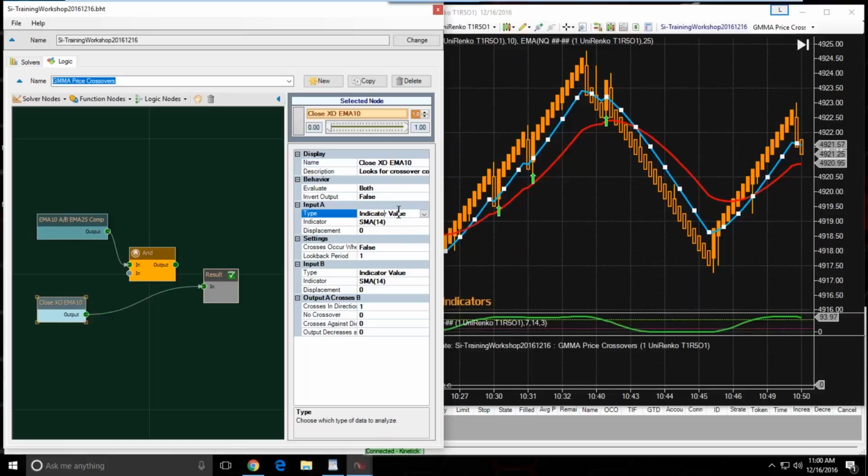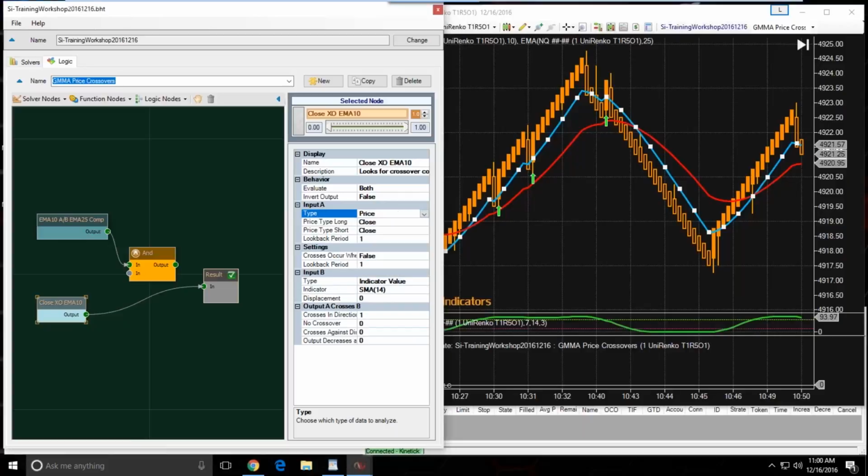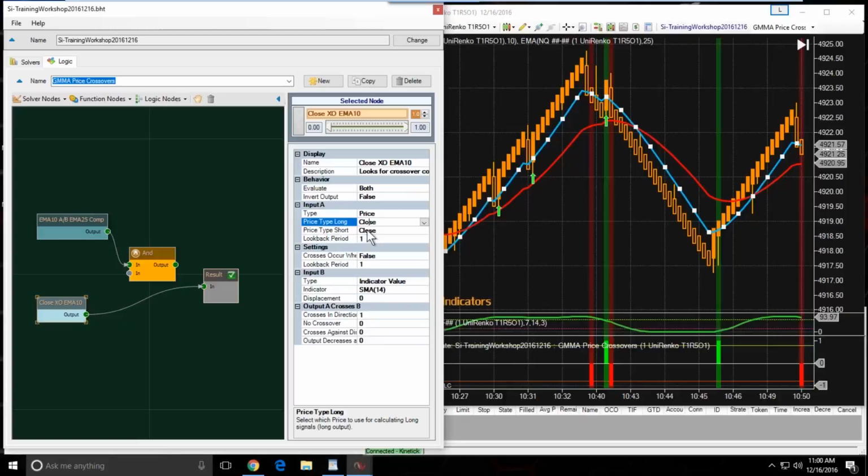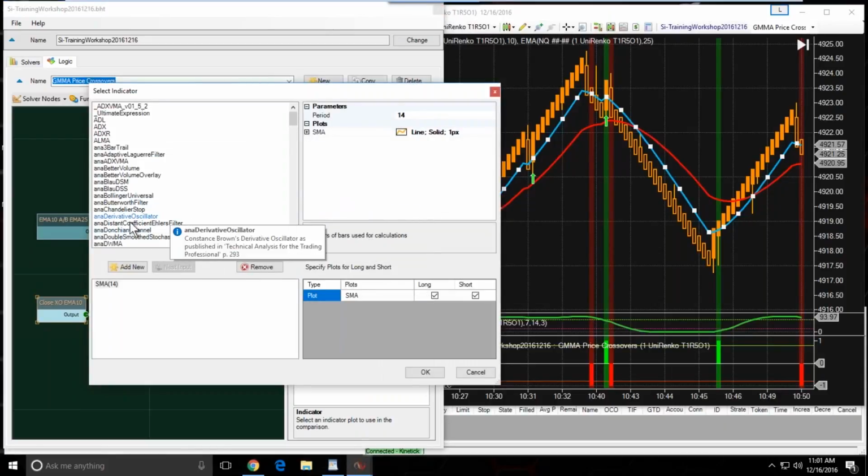Let's finish setting up the solver here. Our first input is going to be price. For input A, we're going to set that to price, and we're using the closing price of the bar. That's already done for us. The next input is our EMA 10, so let's change input B to the EMA.